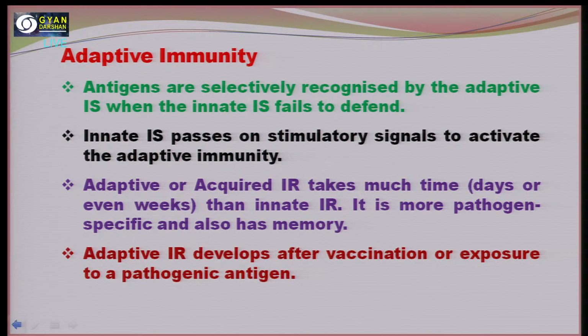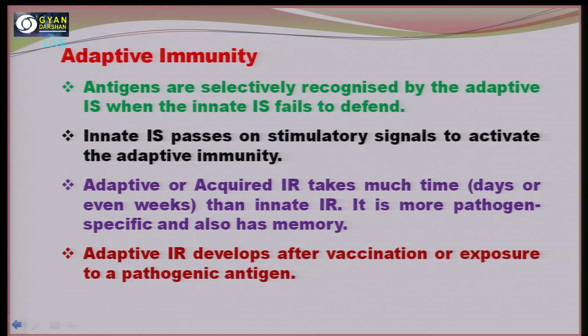Adaptive immune response takes much more time, days or even weeks, than the innate immune response. It is more pathogen specific and also has memory cells. So your adaptive immunity is very specific to the pathogen, and it also has memory against the particular pathogen.